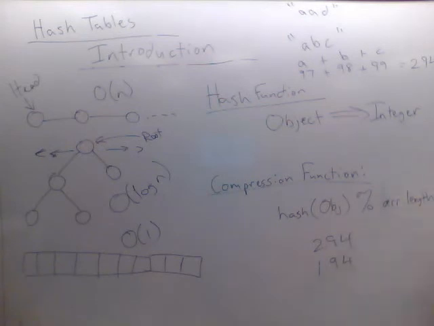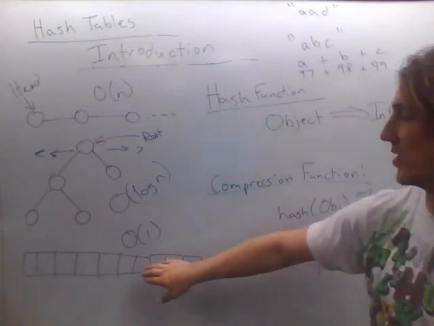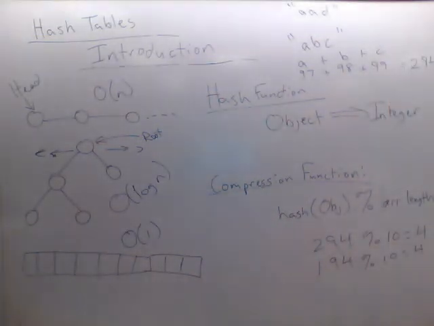You can see that if we mod by 10, 294 equals 4, and 194 mod 10 also equals 4. So in both cases, even though they have a different hash value, I'm still trying to put both of them in the fourth index of the array. So how are we going to handle collisions?